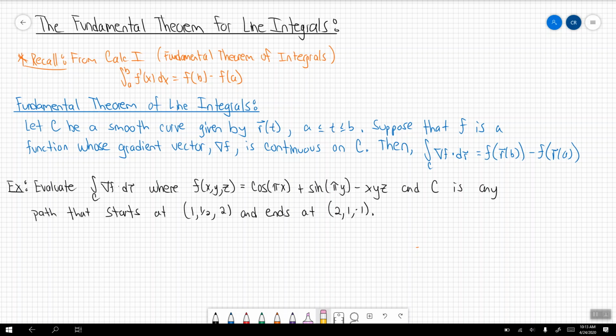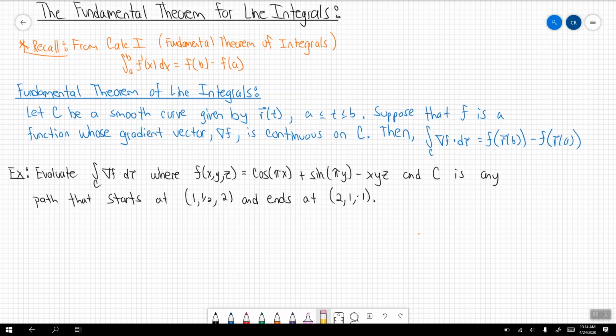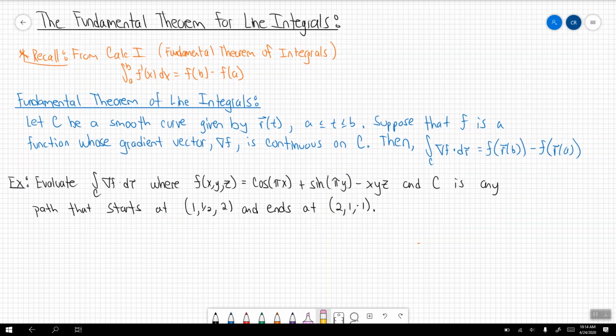If f is a function whose gradient vector, the gradient of f, is continuous on the curve, then naturally, if we took a derivative and then want to take the integral, we should still be able to do the exact same thing that we did back in Calc 1. We should just be able to evaluate the function at this given value and the function at this given value and then subtract the two. So this is what we're working with for now in this particular section.